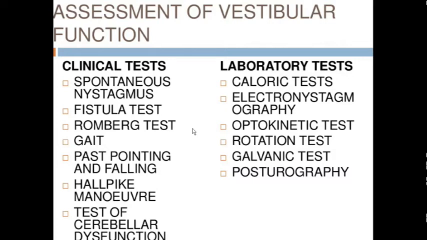So vertigo is the sense of spinning sensation, and if you have to ask the patient very clearly, what is it that you exactly are feeling? Whether you are feeling that your head is turning, you're rotating constantly, and the environment is static. Is that what you are feeling, or you're just feeling a bit dizzy?